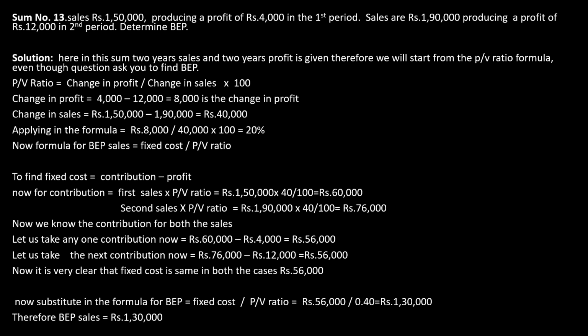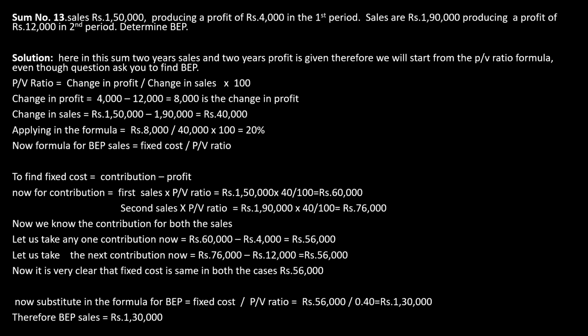One is fixed cost, another one is PV ratio. We already found the PV ratio, which is 20%. Now to find the fixed cost, the formula will be contribution minus profit. The problem gives us the profit alone, not even the contribution is given in the sum. So we have to find the contribution first.